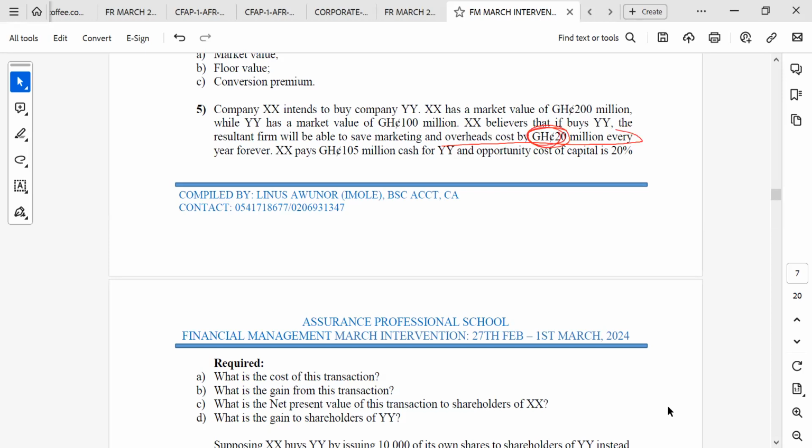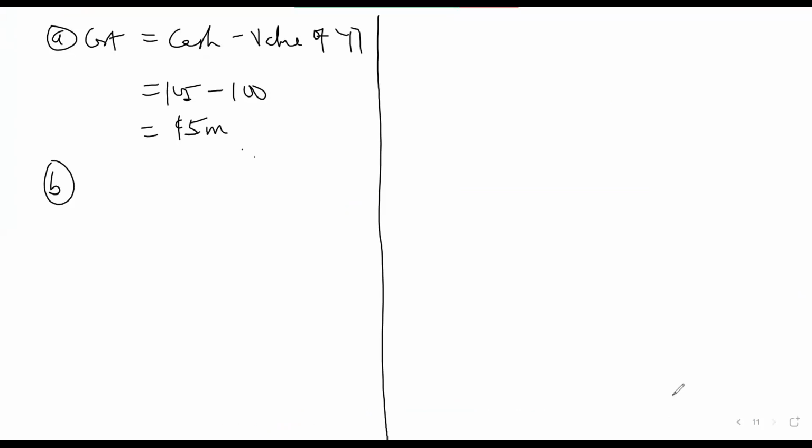But this particular gain, we always have to find its present value because it's today. We want to know what is today's value of the gain. So we have the gain equal to the cash flow over the R because it's a perpetuity.